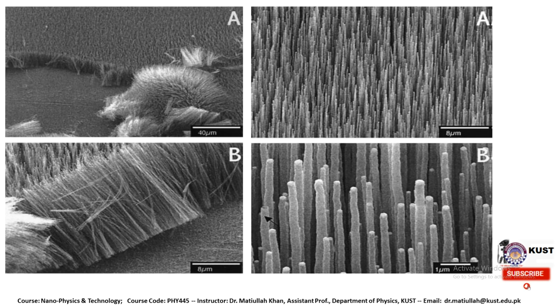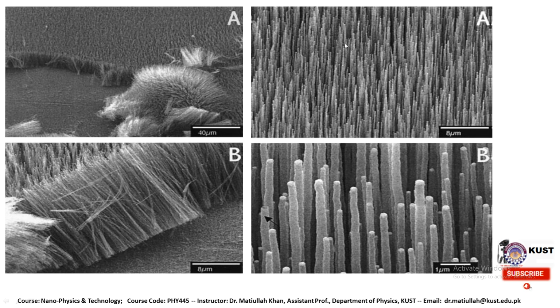So these are some examples, some images of carbon nanotubes at different resolutions. Here we can look at the structure of the carbon nanotubes at 40 micrometers. Looking at the same material at higher resolution, we can observe it at 8 micrometers.